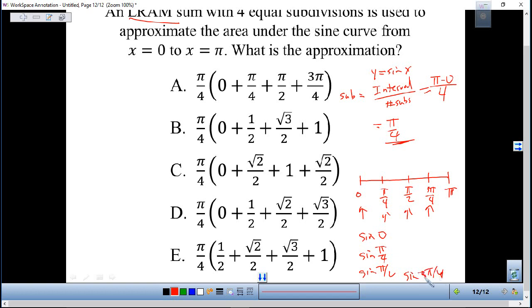And those are going to be the heights of our rectangles as we come across. So those are going to be the values that we actually add. So find all those and figure out which one's going to be the correct answer. Take your time, pause the video, and see if you can figure out which one of these it's going to be, since I worked through most of that for you.